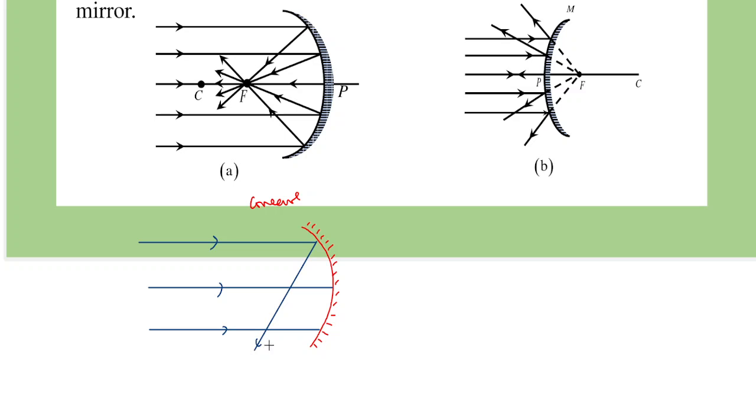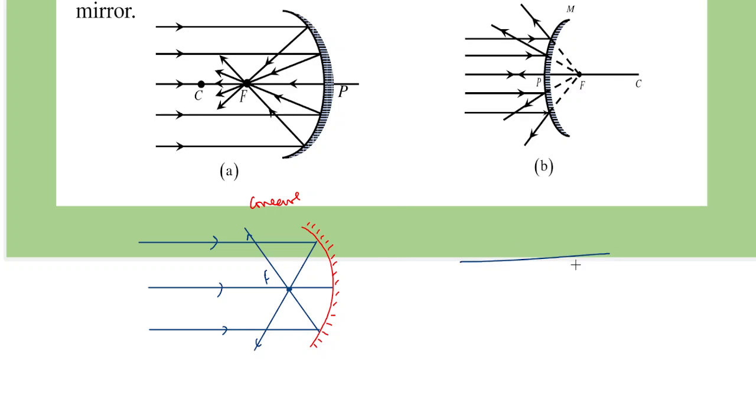Same way, even this light ray after reflection would pass through a point. So this point where light rays pass through after reflection is called the principal focus. Do remember that even here the laws of reflection are valid.